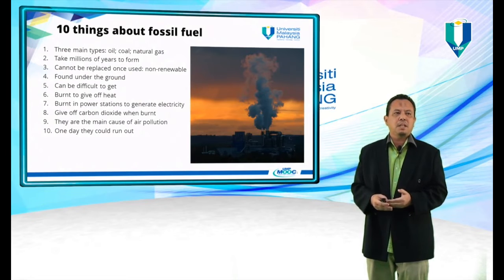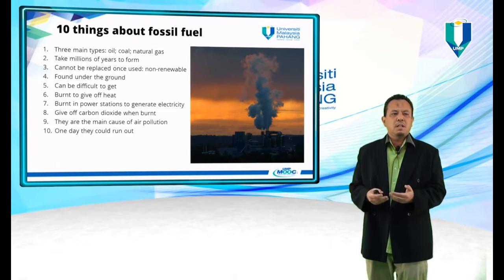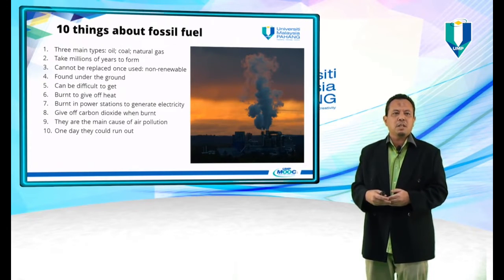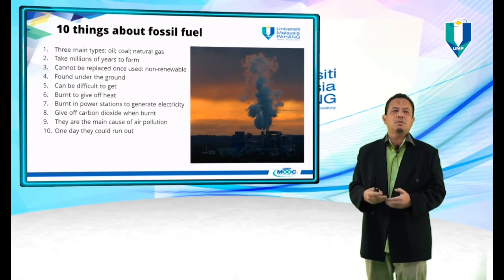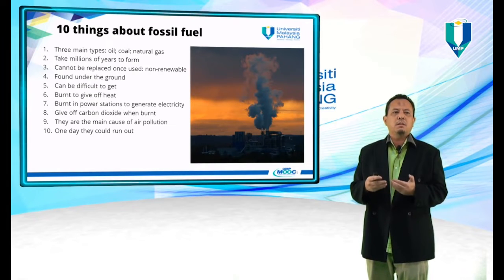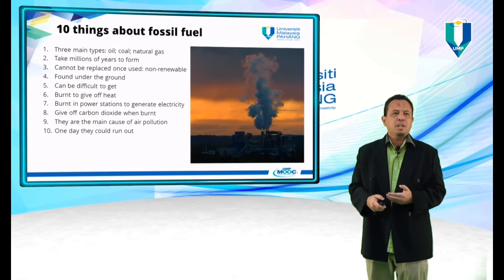Number five, it can be difficult to get. Number six, fossil fuel burns to give off heat. Number seven, fossil fuel is burned in power stations to generate electricity. Number eight, it gives off carbon dioxide when burned. Number nine, they are the main cause of air pollution. And last, one day they could run out.